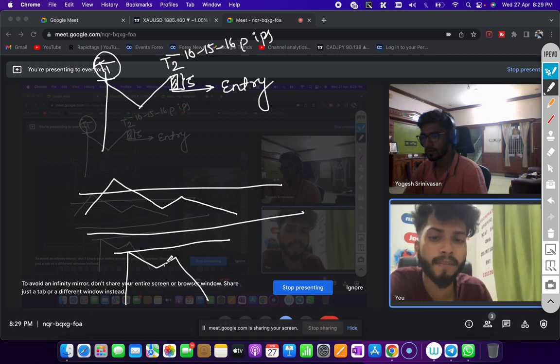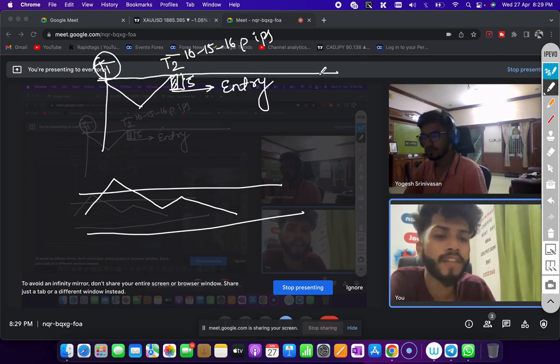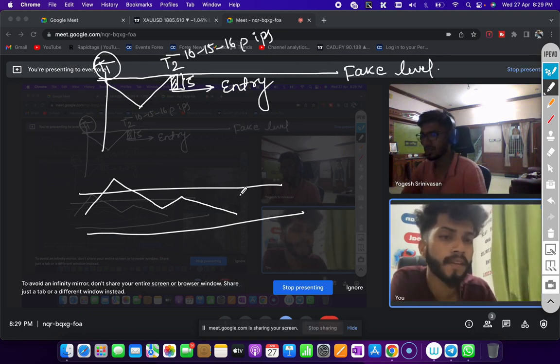Price is at this level, something like this. So definitely we can say that there is something fishy, right? So we can say that at this particular level, on which price is right now at T2, this price level is a fake level.